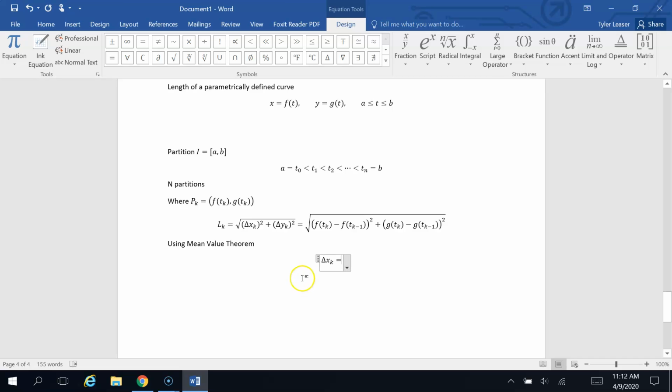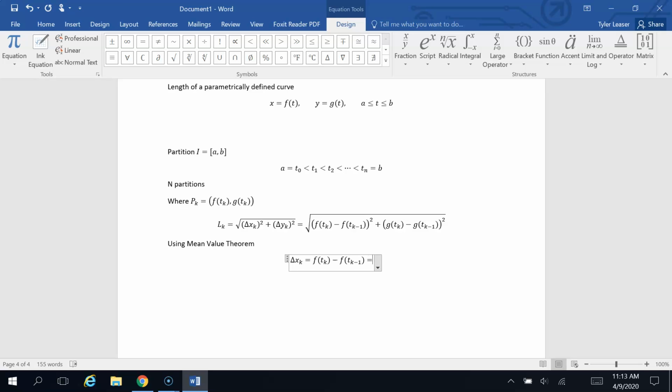What we're going to do is let these delta x sub k's, which is f of t sub k minus f of t sub k minus 1, be approximated using derivatives.